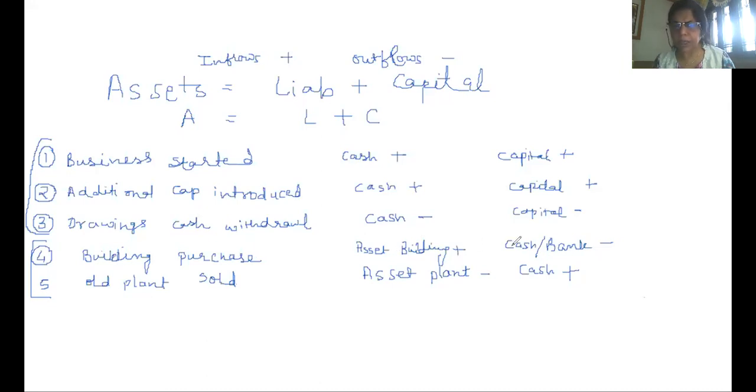And you are making payment, that's why cash or bank is going out. Then next, old plant sold. The businessman is selling an old asset, that asset is outflow, that's why minus, and cash is inflow, that's why it is plus.